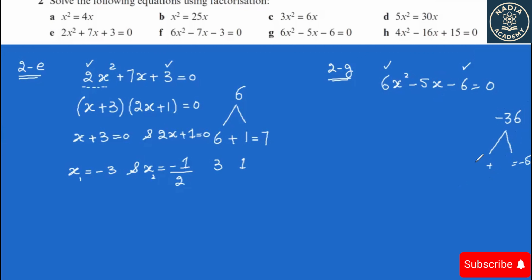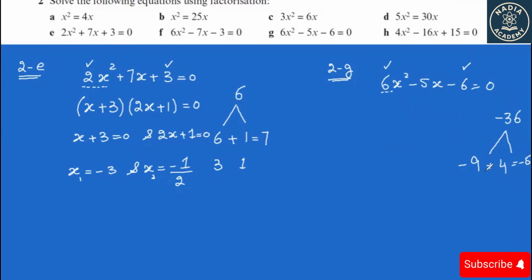So we know that 9 and 4. One of these two factors must be negative because we need to get negative 36. We know that our b value is negative, so the bigger number must be negative. So negative 9 plus 4, the answer is equal to negative 5. Now here, we have 6.